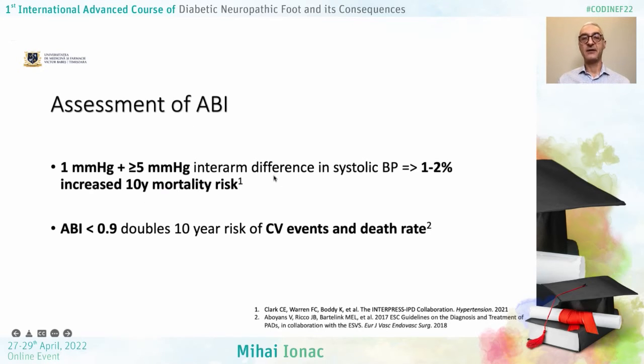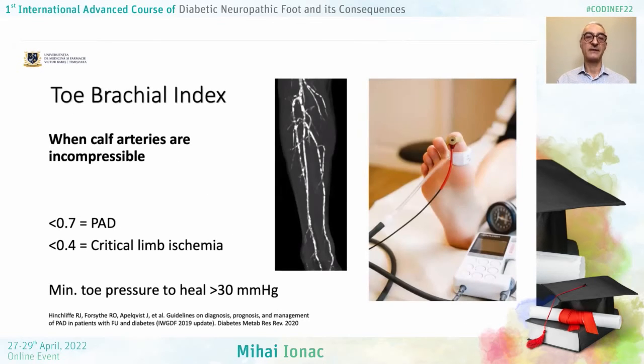When we find in our patients an interarm difference in systolic blood pressure, for every millimeter of mercury we have a 1% increased 10-year mortality risk. And also an ABI below 0.9 doubles the 10-year risk of cardiovascular events and death rate.